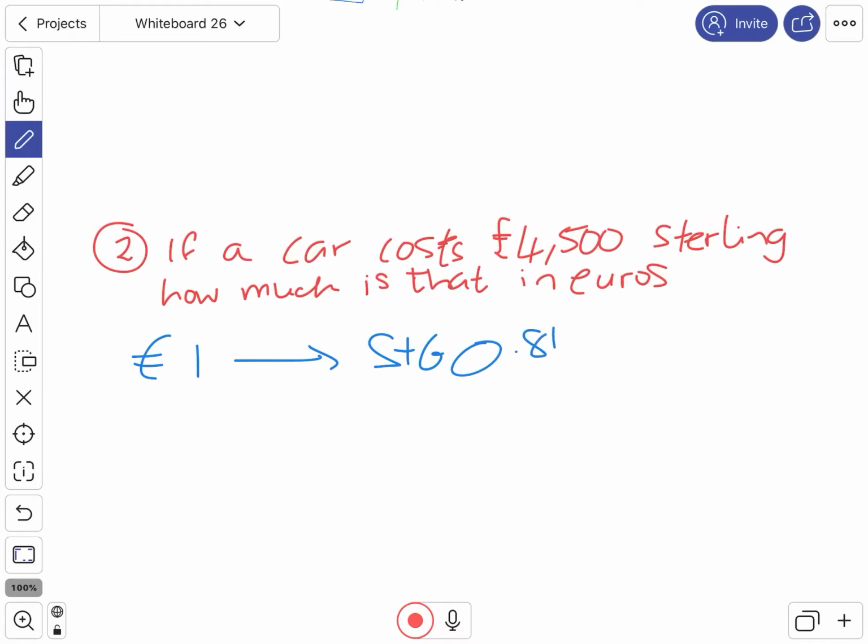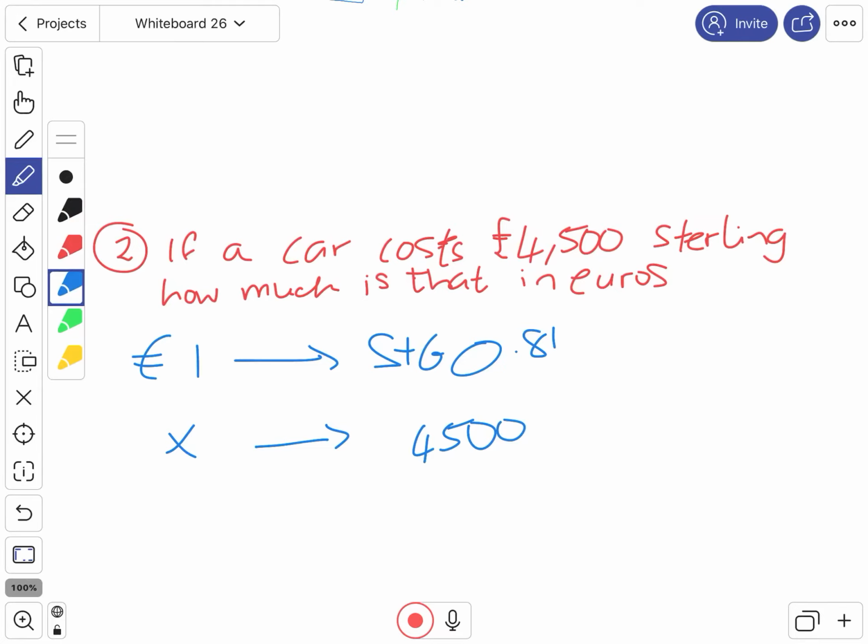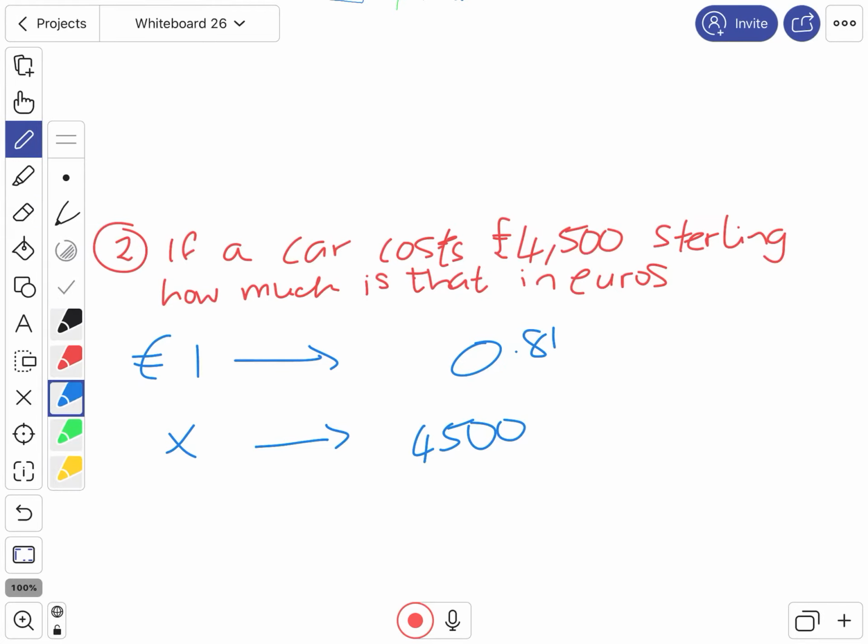And that's what I'm going to use for this question. If a car costs £4,500, how much is that in euro? So in this case, the euro is my X value. I don't know that. And it gives me 4,500. And I'm going to get rid of this bit here, just so it's not catching us out. And I'll put in the pound symbol again.